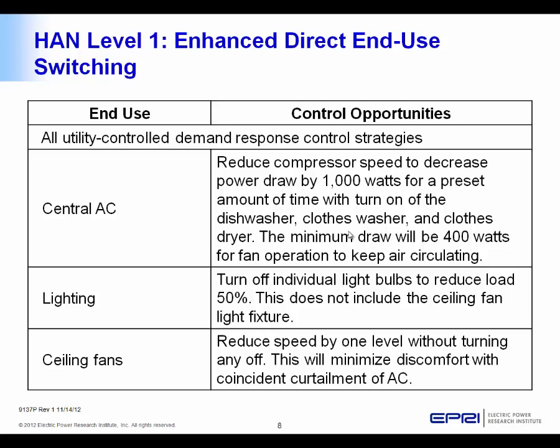And so this set of slides illustrates a couple of levels of home area network control that might be used, where end uses such as central air conditioning, lighting, and ceiling fans were controlled through utility control demand response strategies by reducing compressor speed, for instance, so not turning it off but reducing it, turning off some lights, not all, reducing speeds on ceiling fans by one level, again not off.